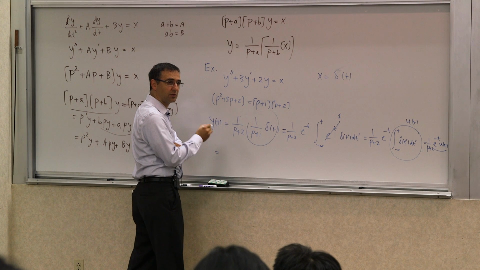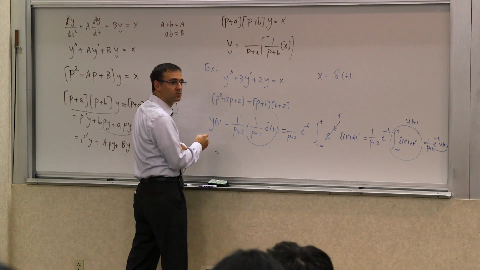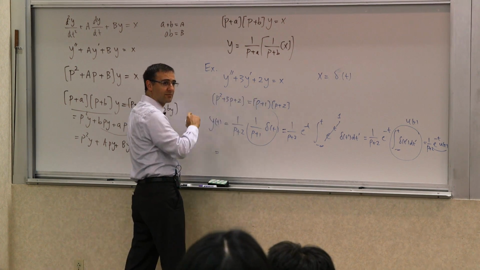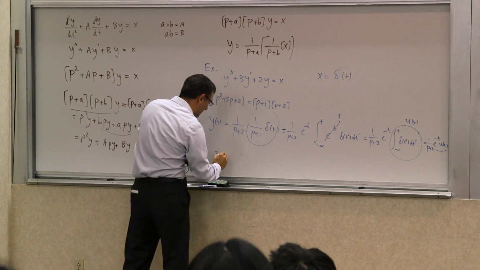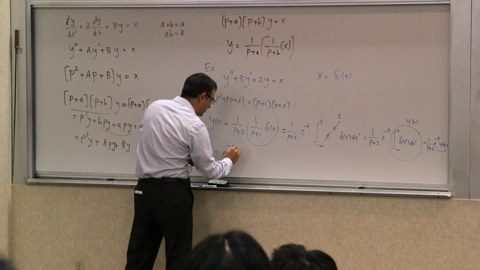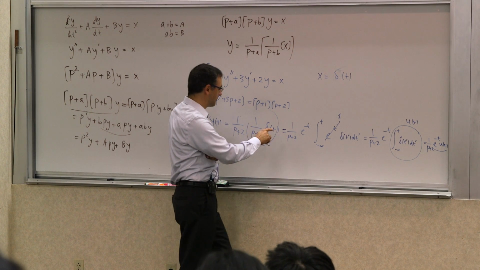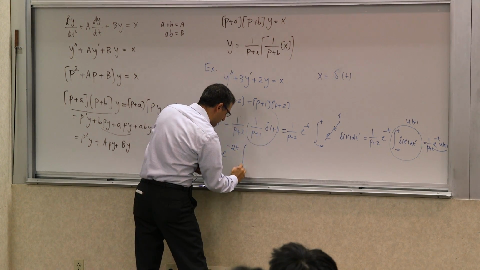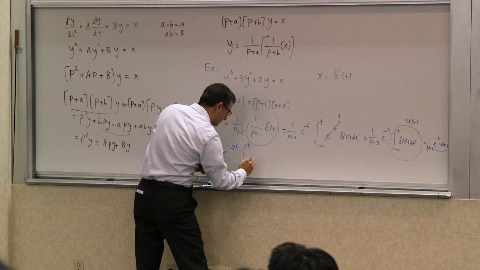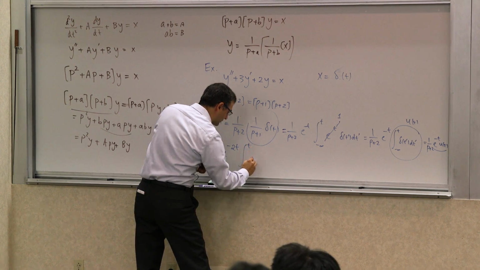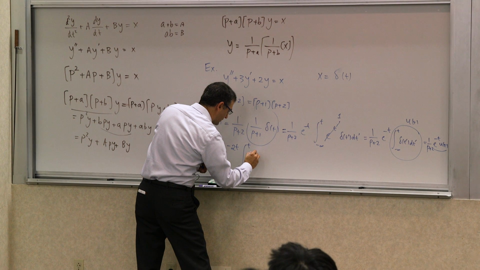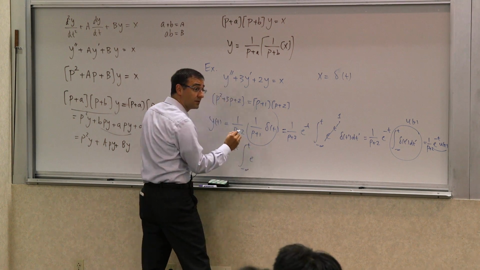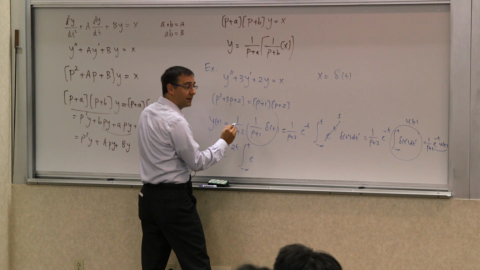So why don't you continue? Again, apply that result again. Negative 2t this time, right? This is because it's p plus 2. E to the negative 2t, and what's inside the integral?